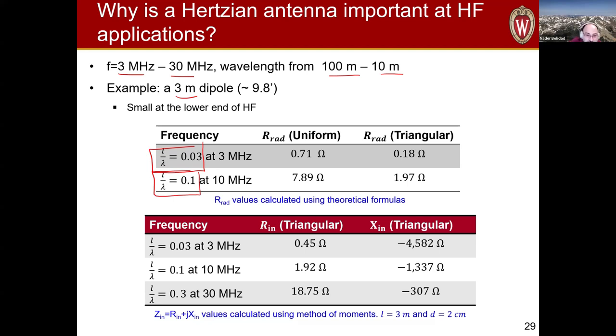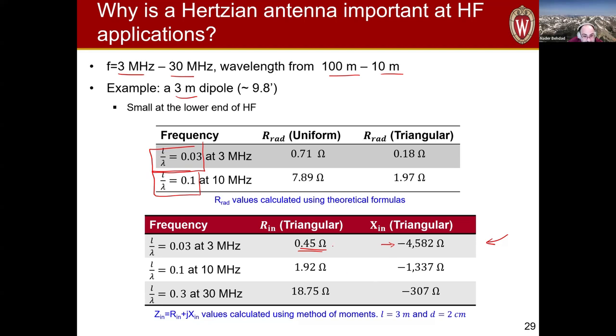If you calculate the input impedance of this antenna, and I've done that, I'm presenting the results in this table at the bottom of the slide. This is obtained from method of moments. You'll see that at 3 megahertz, the real part of your input impedance is very small, less than half an ohm. The imaginary part is very large, a highly capacitive reactive impedance.